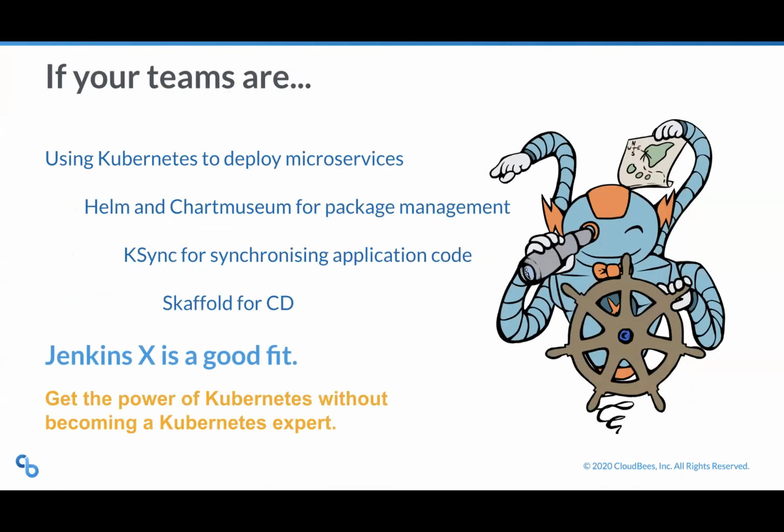So the big question is, should you be using Kubernetes? Well, if you are using microservices, the likelihood you'll need something like Jenkins X is very high, right? There are several paid-for services, but Jenkins X is open source, so it doesn't cost you.